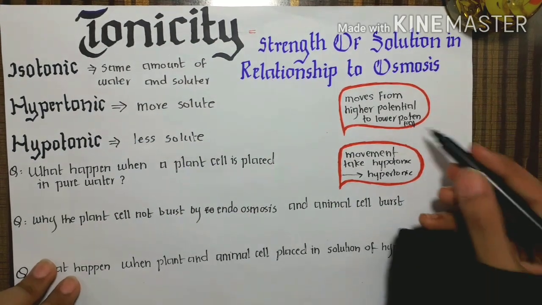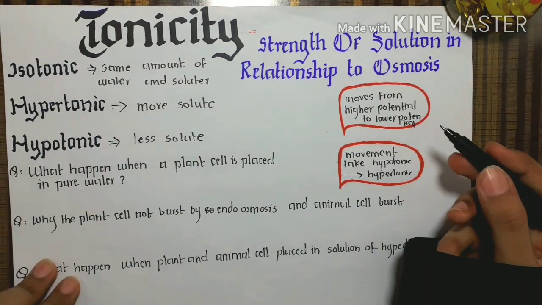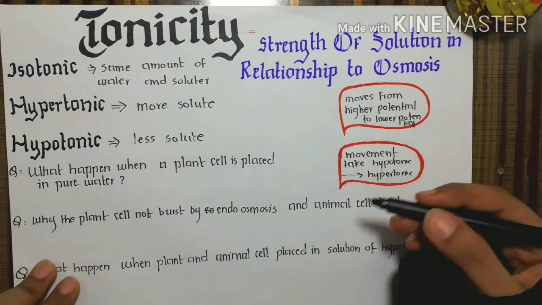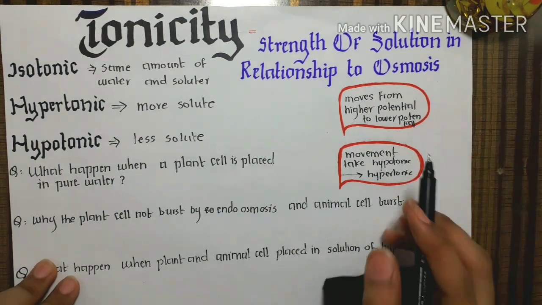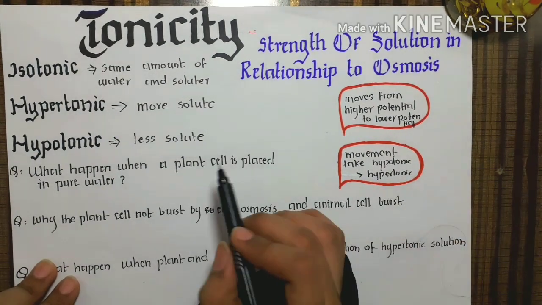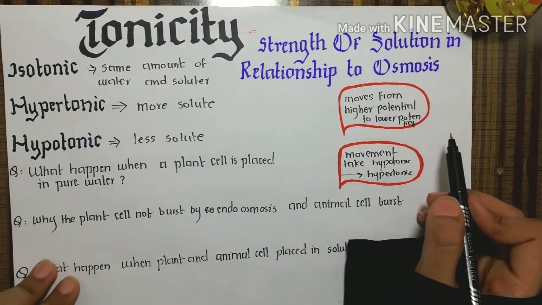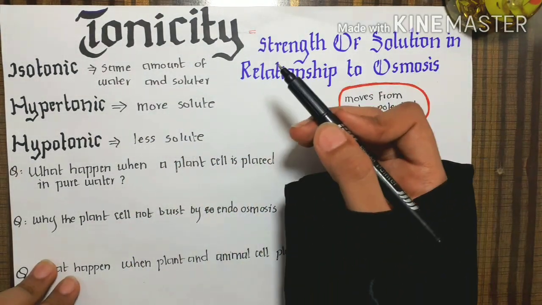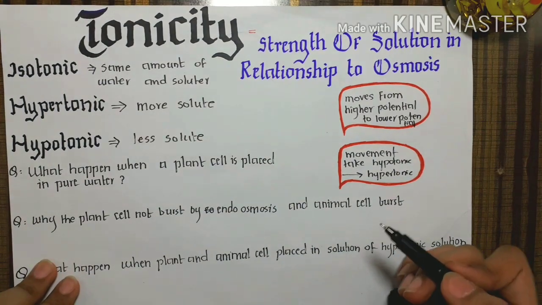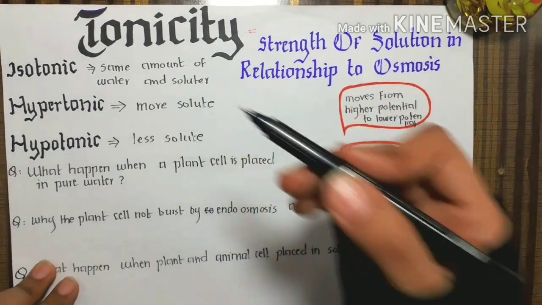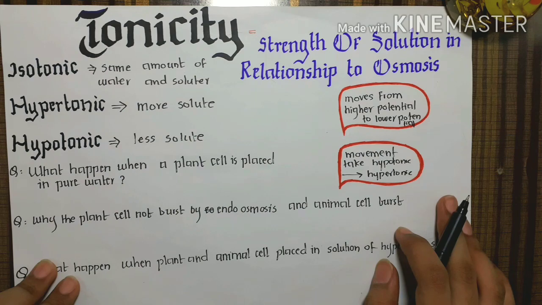These are the same thing in different words, because in different books it is written in different forms. So water moves from hypotonic to hypertonic, from the lower concentration of solute to the higher concentration of solute.